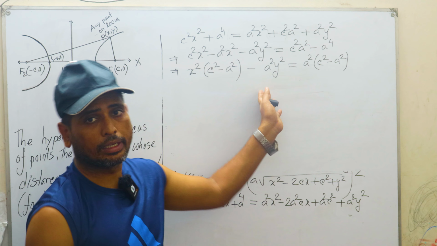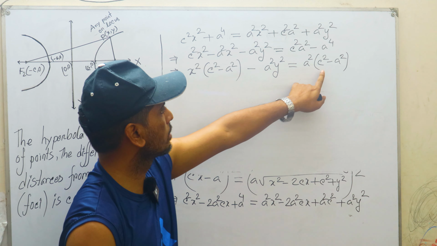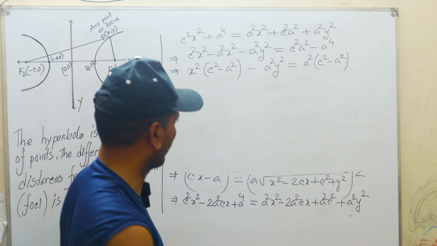Now on both sides we are going to divide by a square times (c square minus a square).